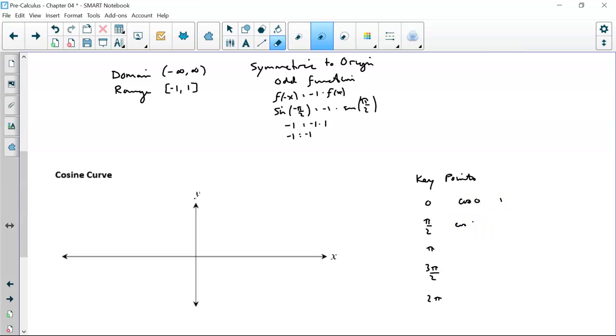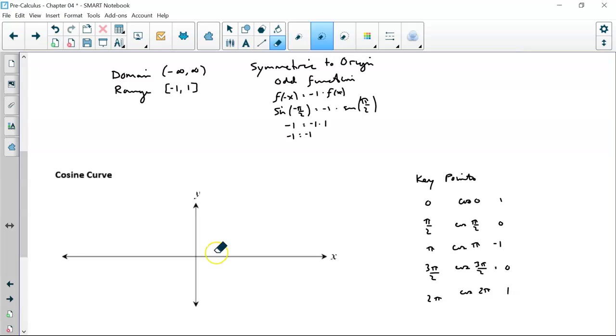The cosine of pi over 2 is 0. The cosine of pi is negative 1, and the cosine of 3 pi over 2 is 0, and the cosine of 2 pi, we're back to 1.